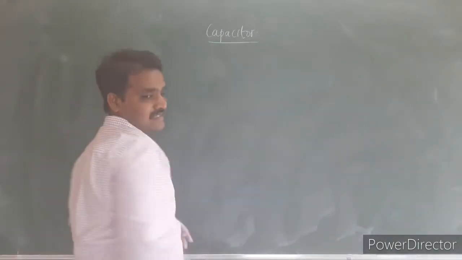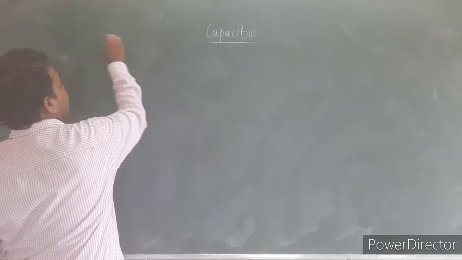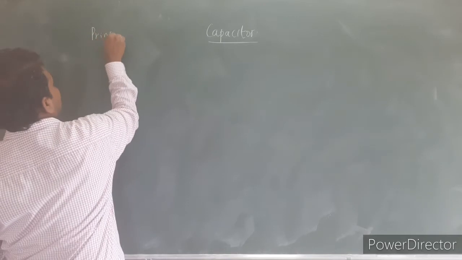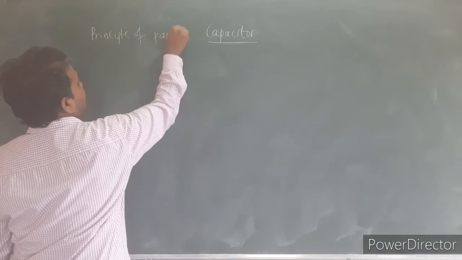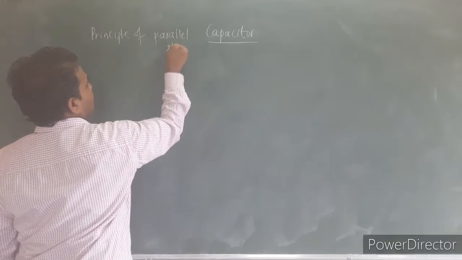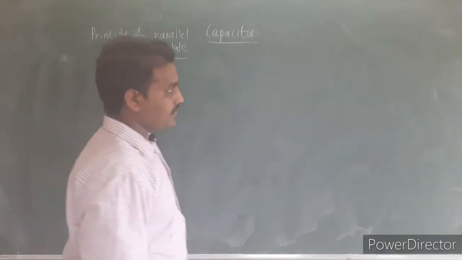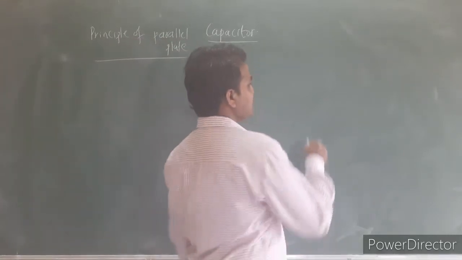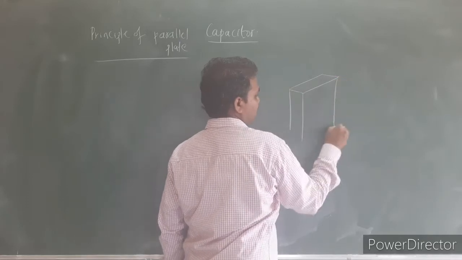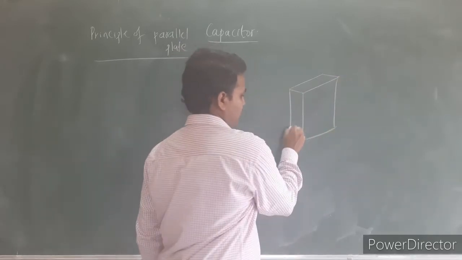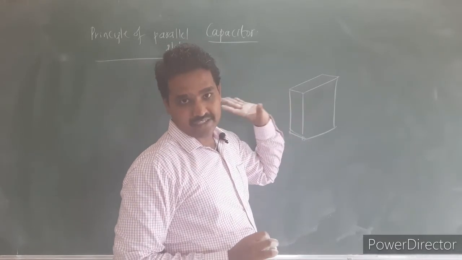Then let us discuss the principle of a parallel plate capacitor. See here, let me consider a capacitor of this shape. Let me have some rectangular conducting plate like this, and I can charge this conductor.